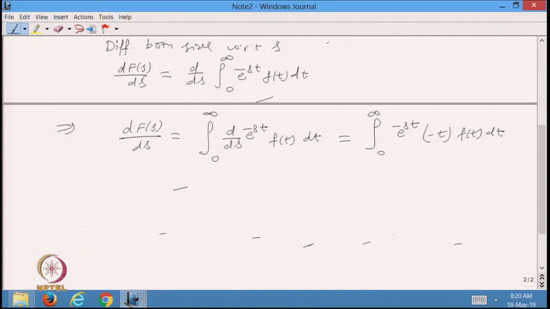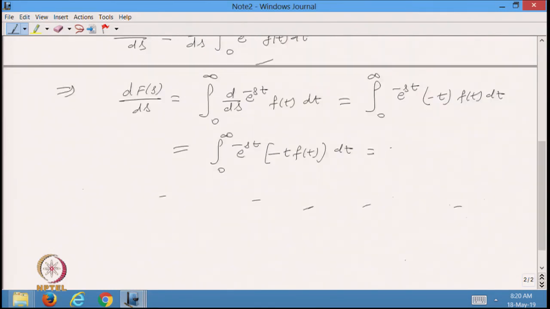Because I am taking the derivative with respect to s, I take the derivative of this exponential only. So, from here I get the integral from 0 to infinity of e raised to power minus st times minus t f(t) dt.